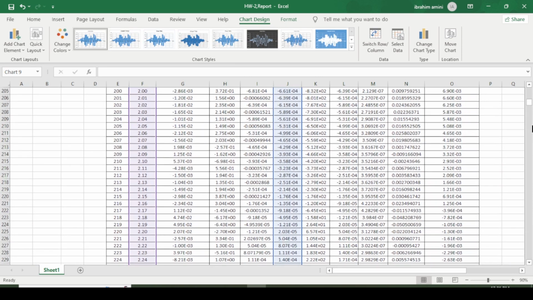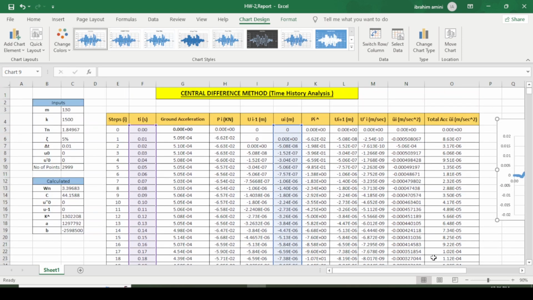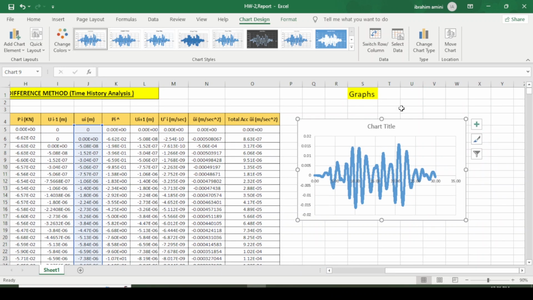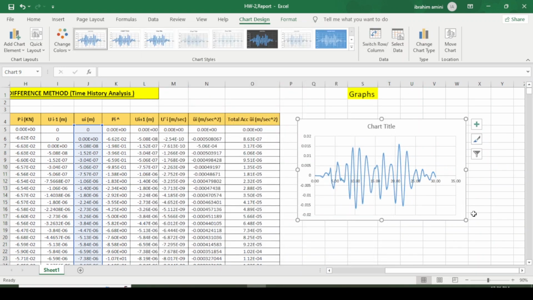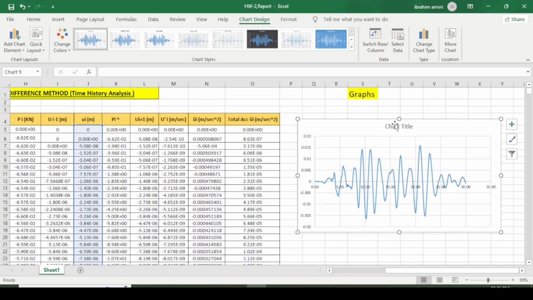Now I am coming here to the previous point. Look here, it is our graph. I will do some adjustment. I will select this one. It is our graph, displacement versus time.